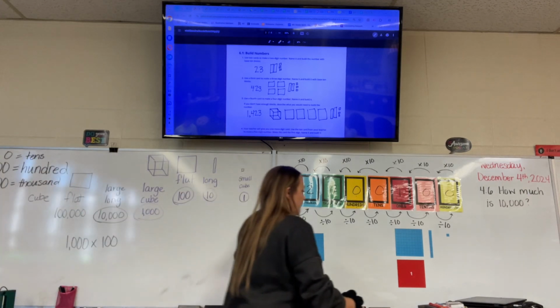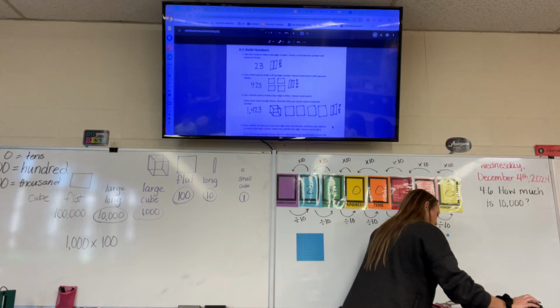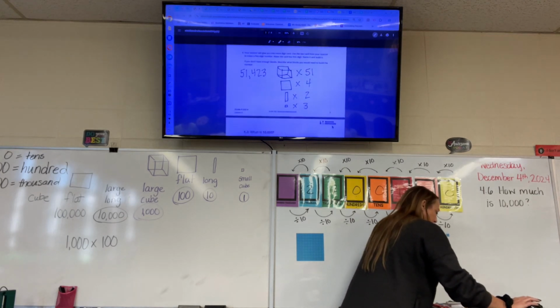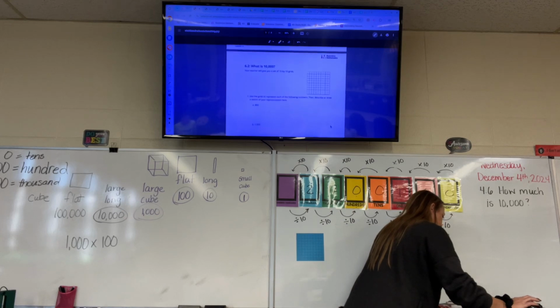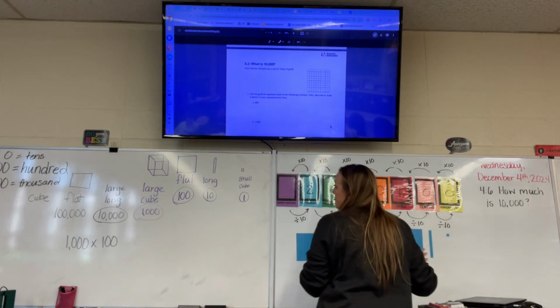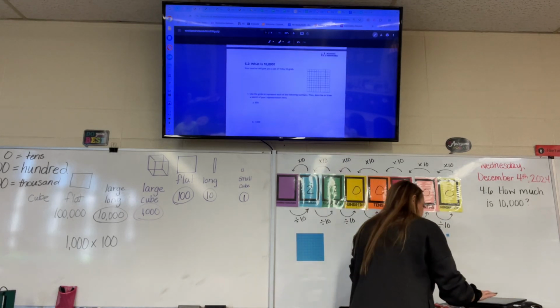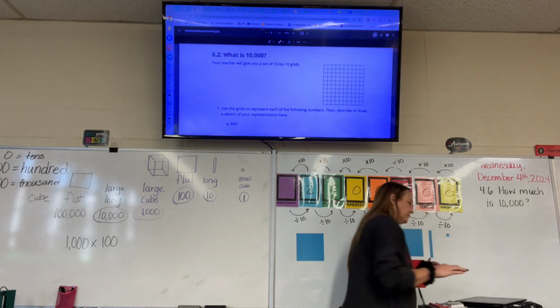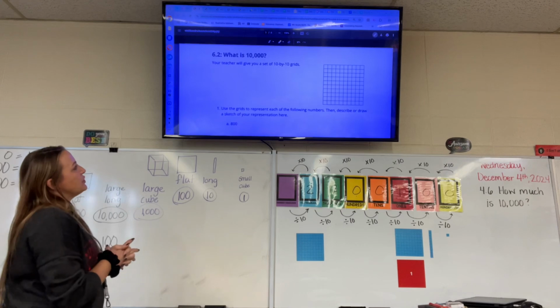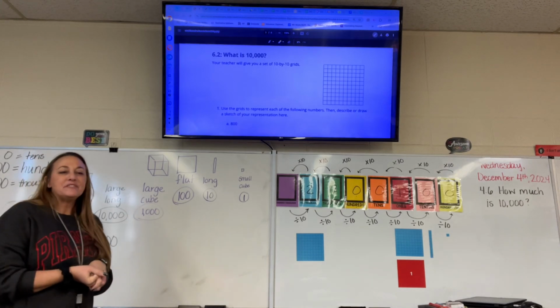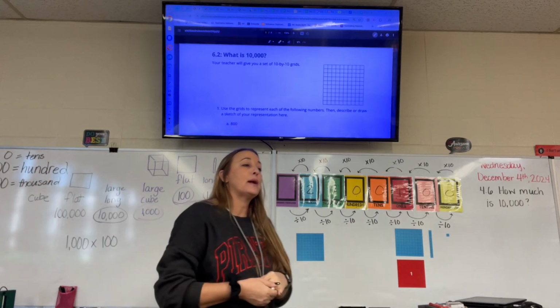So we've done that, we've drawn that, and now we are going to go on to page 132. This says, your teacher will give you a set of 10 by 10 grids.